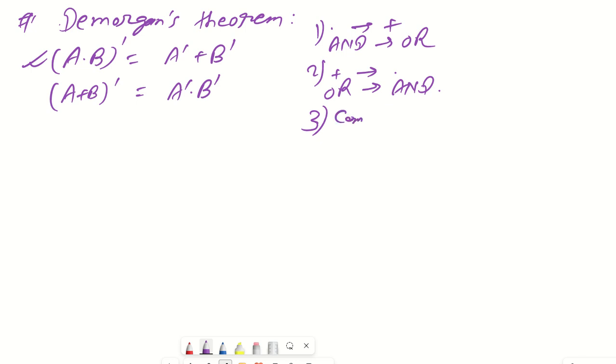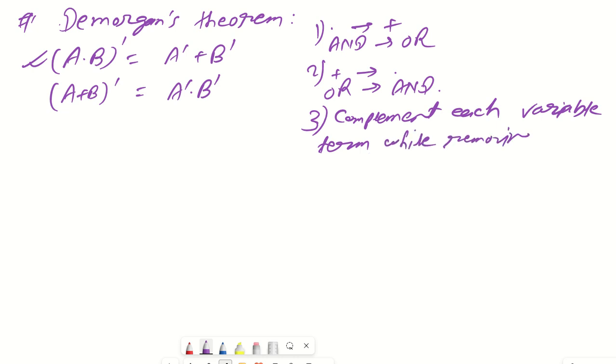Complement each variable term while removing the complement.